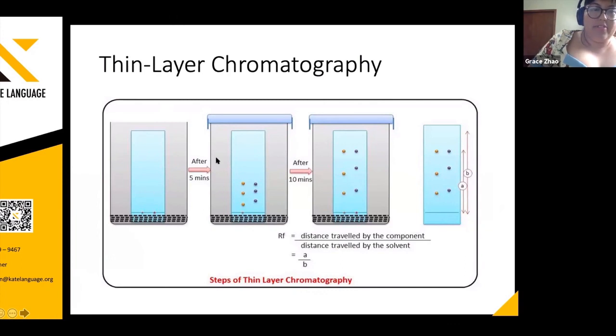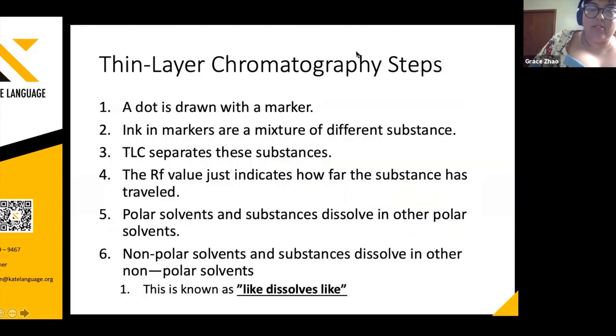What you want to see after 5 minutes or so is how far the colors travel upwards. It just rises up, and you just have to wait on it for a couple of minutes. So the total is probably going to be less than 30 minutes. And you want to see how far the substance traveled.